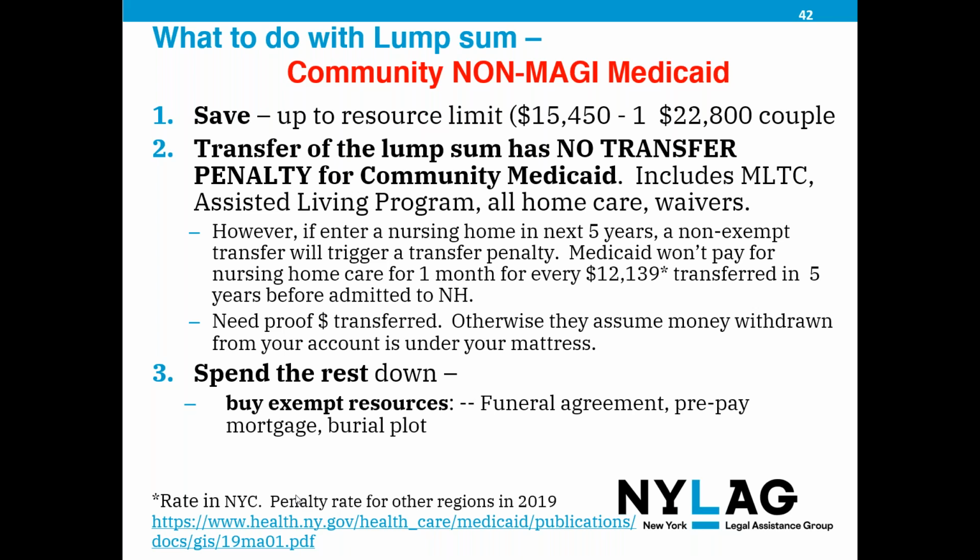People think they can just take 50,000 out of their bank account and show Medicaid that their account is under the limit. Well, Medicaid wants you to show where it went. They can assume that money withdrawn from your account is under your mattress. So how do you do that? You can show a canceled check or a wire transfer, direct account to account transfer to your daughter.